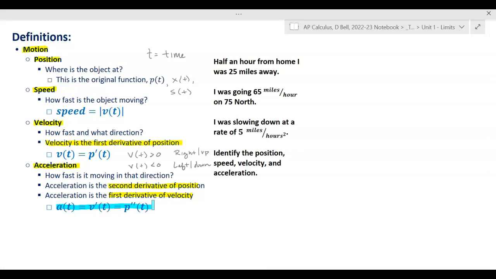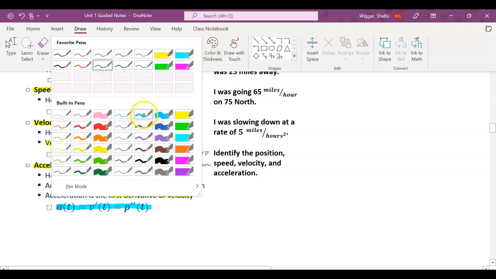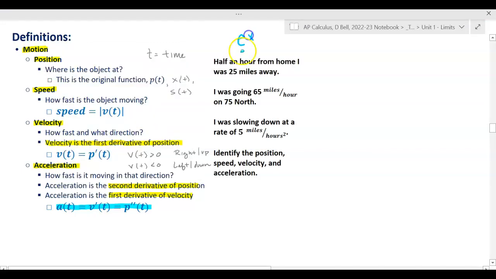So for example, half an hour from home, I was 25 miles away.